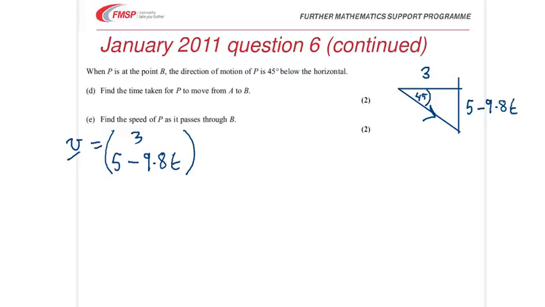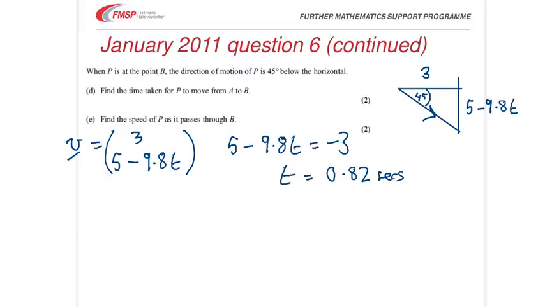So if it's going downwards at 45 below the horizontal, be careful to put 5 minus 9.8t is minus 3, not 3, or you'll find the time when it was going upwards at 45. That's a simple equation to solve, and that gives you t equals 0.82. That's the time.